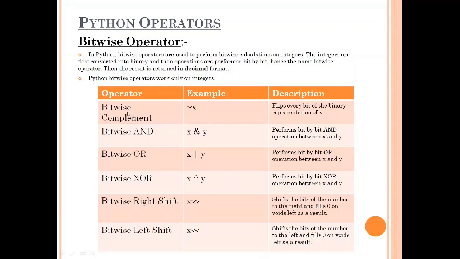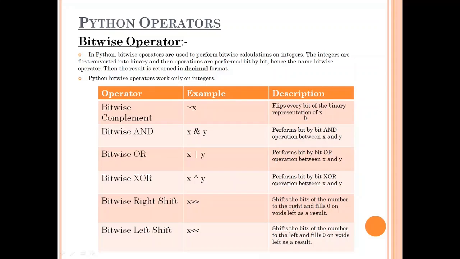So what does a bitwise complement operator do? It is also called the bitwise NOT operator sometimes. It flips every bit of the binary representation of x. So when we apply this bitwise complement operator on an operand x, it first converts the operand x to binary form and then flips every bit of that binary representation.